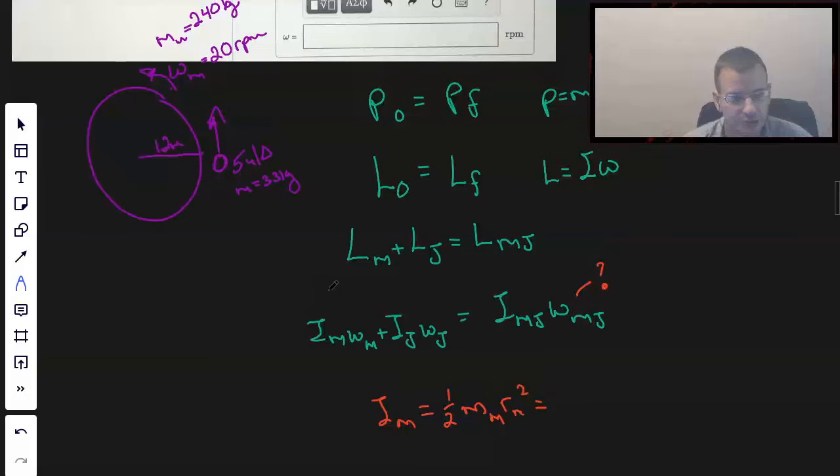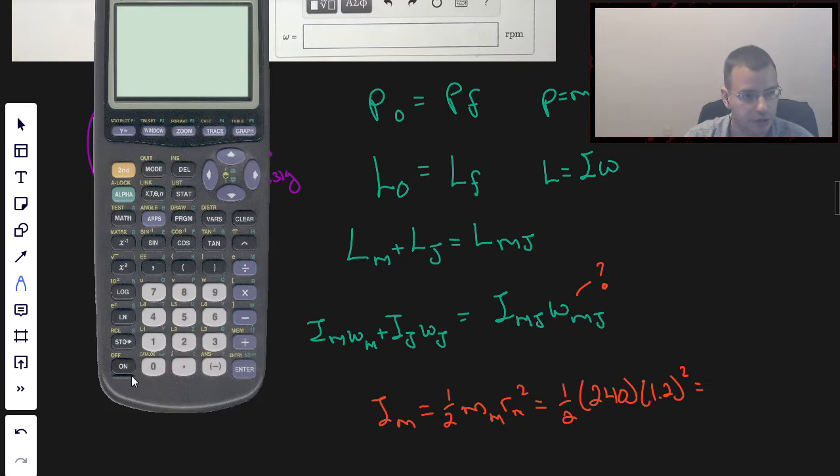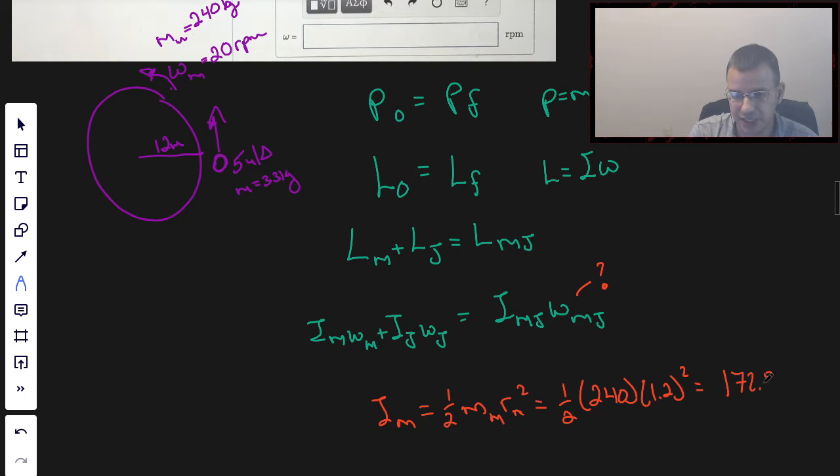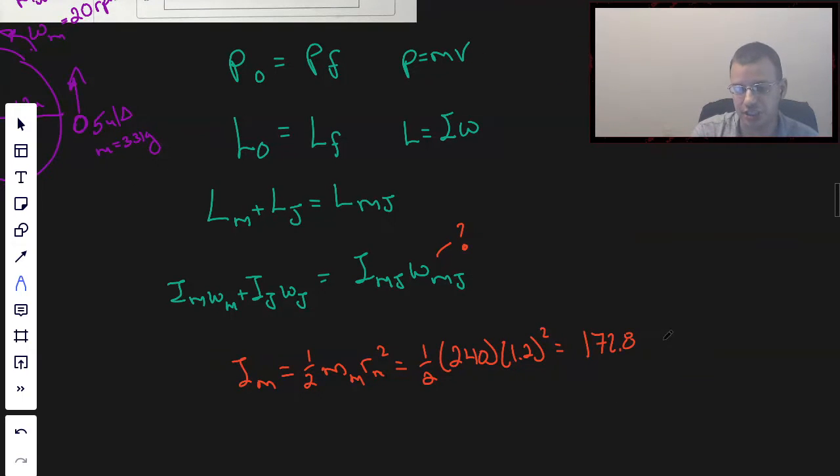I'll solve that now: 1/2 times 240 times 1.2 squared. 0.5 times 240 times 1.2 squared gives 172.8, in kilograms meter squared.